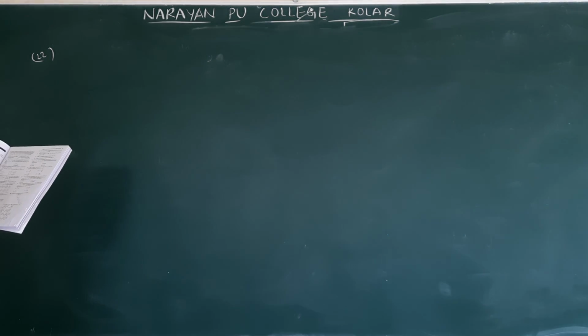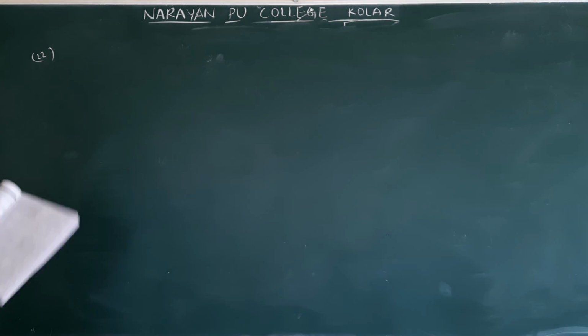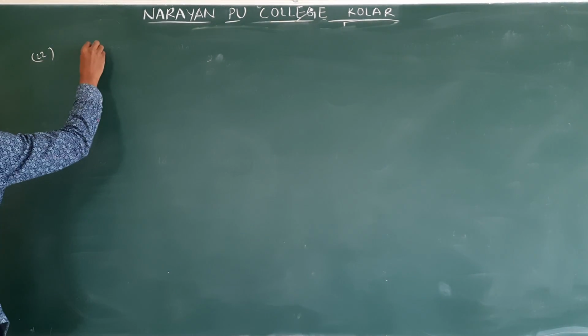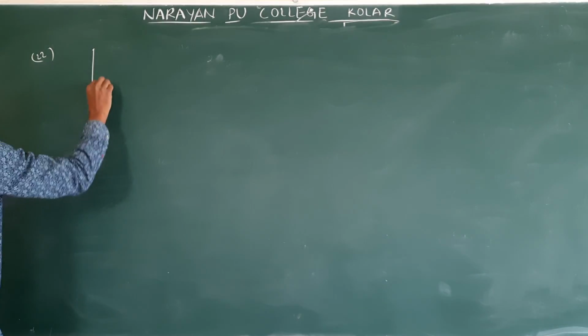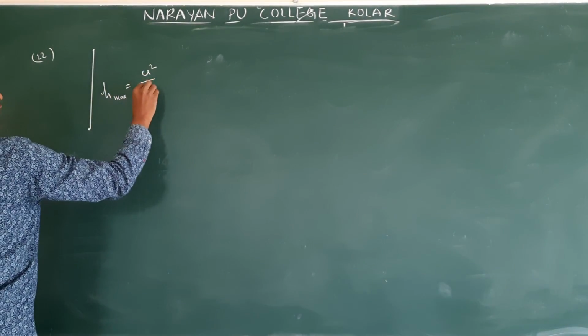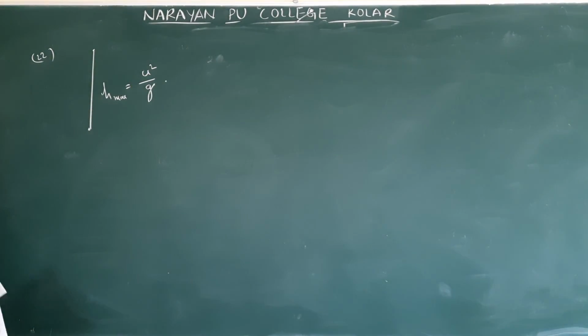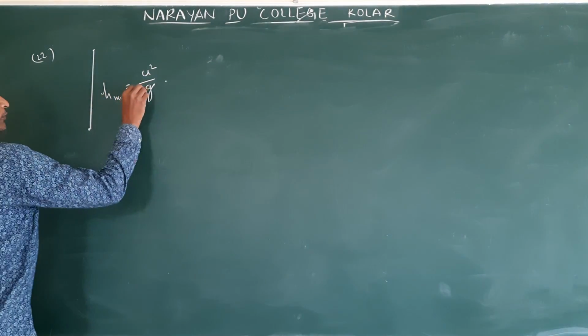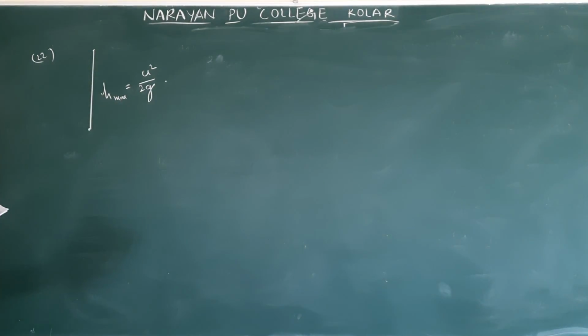If a person can throw a ball to a maximum height vertically, he throws this vertically. This is h max, that is u square by 2g, the maximum height. Clear?